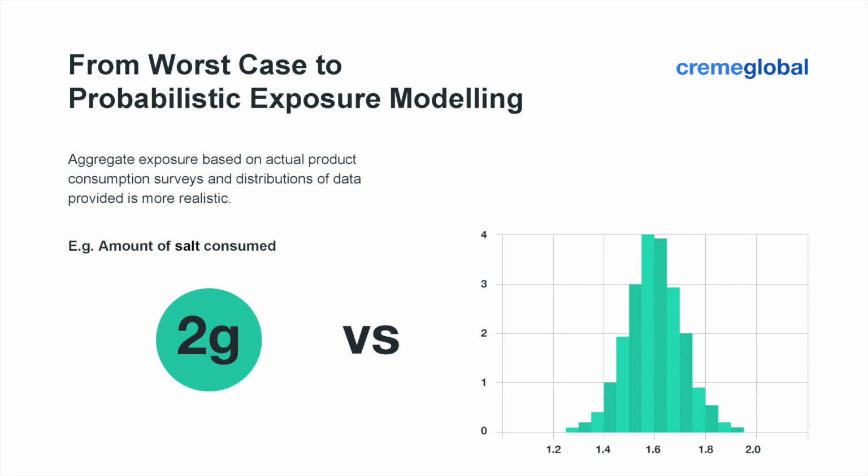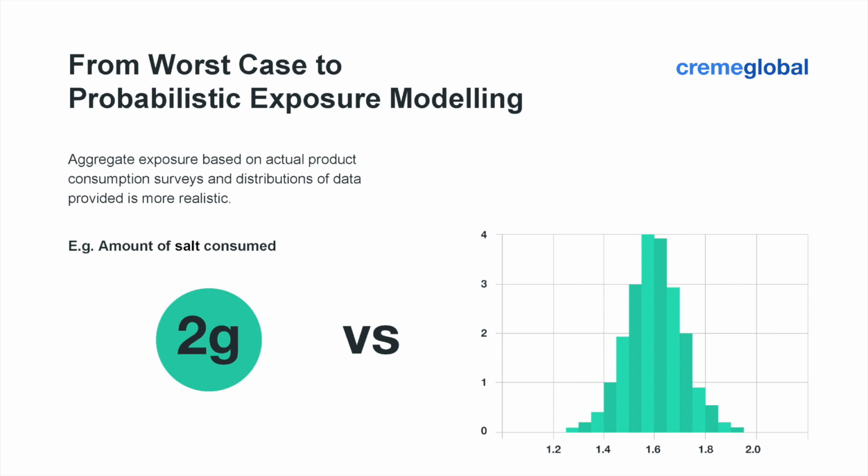Another difference between the deterministic and probabilistic approach is the type of data used. In the probabilistic model, the aggregate exposure is based on the actual product consumption and full distribution of data. In other words, in the deterministic case, point estimates are used to give very conservative and worst-case exposure levels.